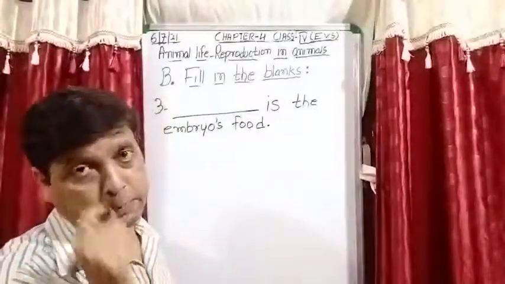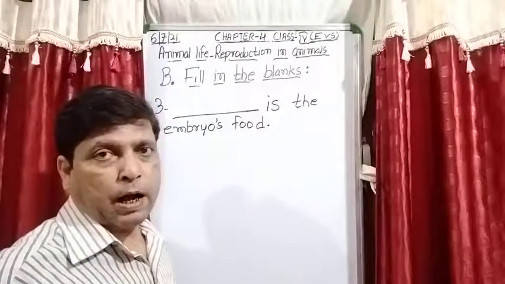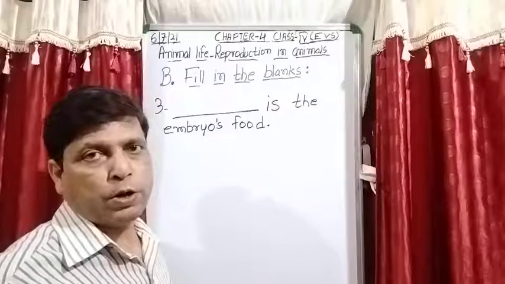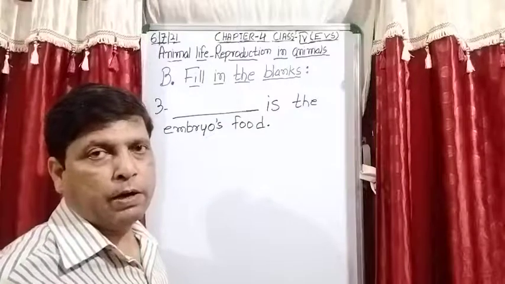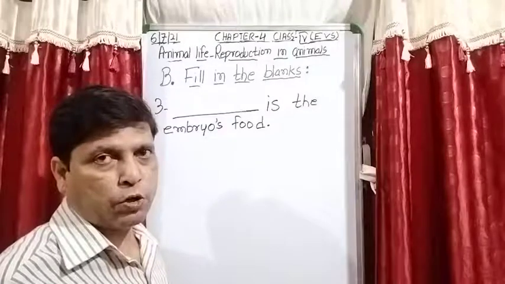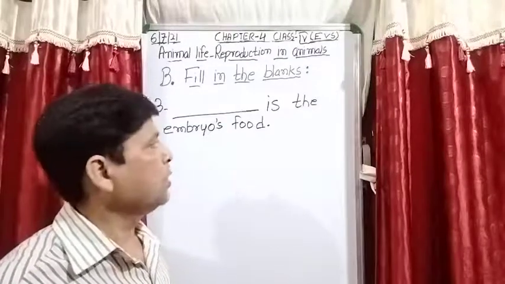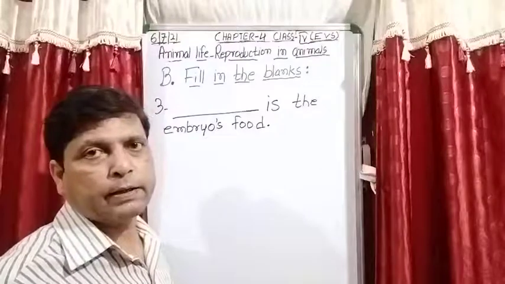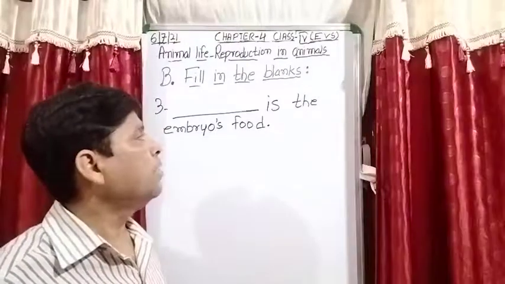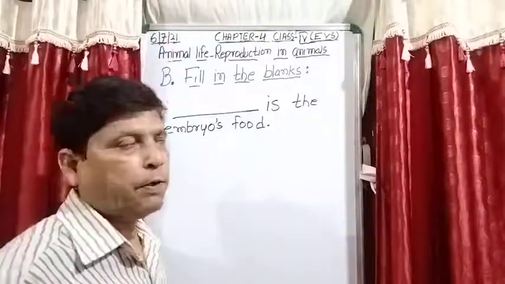So I have already explained to you. The outer layer is known as shell, then the transparent layer is known as albumin, and the yellow portion of the egg is known as yolk. So that is the food for the young one. That yolk is the food for the young one.